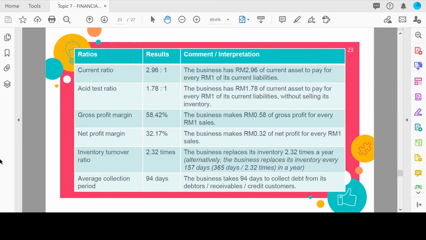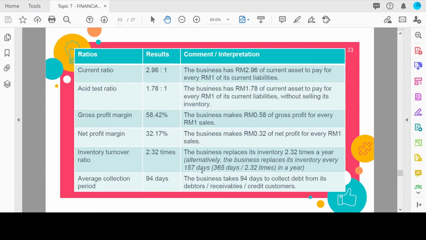All right. So what about the inventory turnover ratio? The result is 2.32 times. It means that throughout the year, the business replaces its inventory 2.32 times a year. Alternatively, the business replaces its inventory every 157 days.